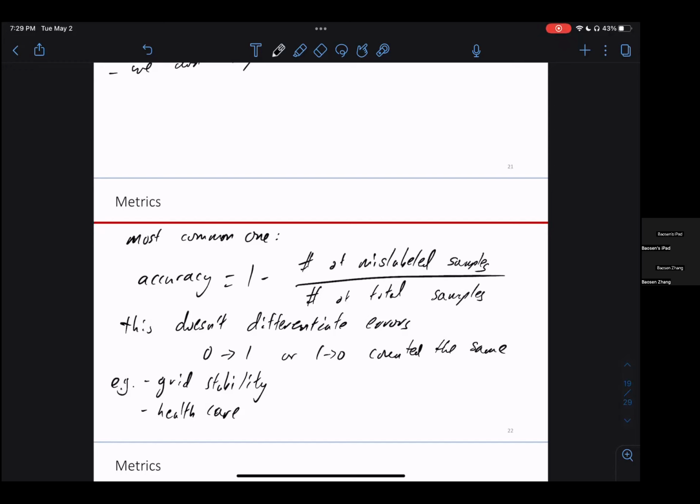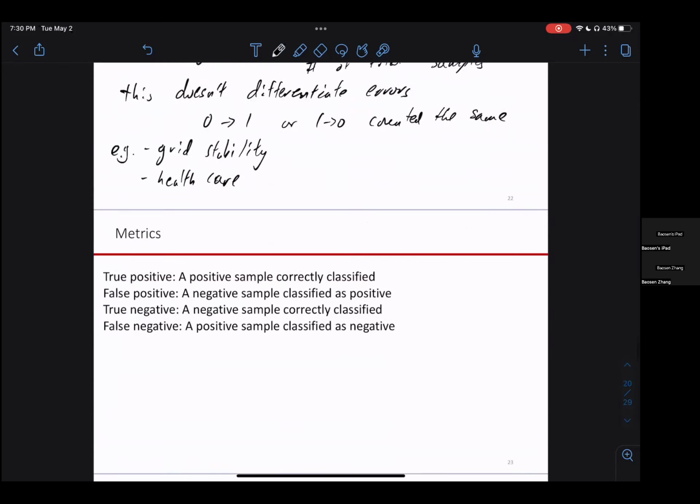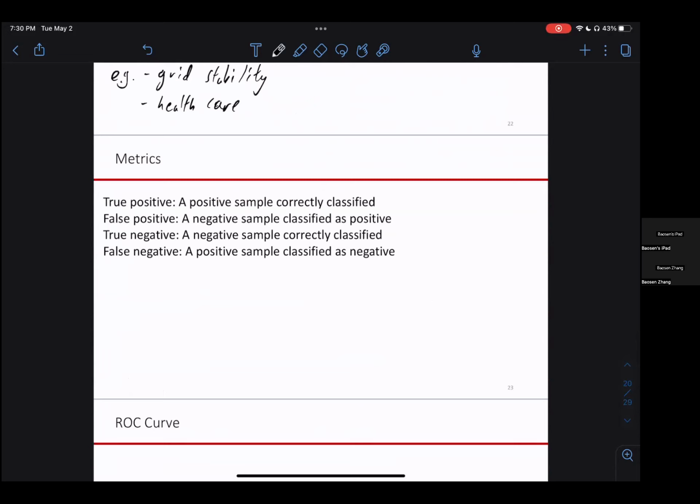And so which way it matters, in addition to this one, you can define a lot of other metrics. You can have true positive, and different ways in which you're missing. A false positive is a negative sample classified as positive, and a false negative is a positive sample classified as negative.